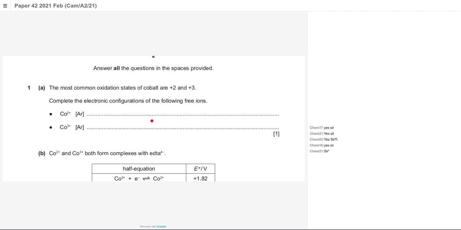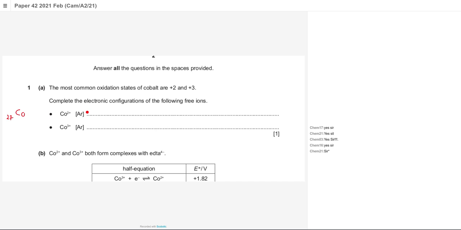Complete the electronic configurations of the following free ions: cobalt 2+ and cobalt 3+. Now, cobalt has atomic number 27, which means it has 27 electrons. If I write the configuration of cobalt, up to argon is 18 electrons covered.